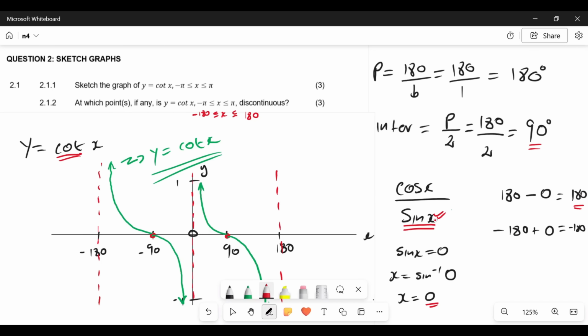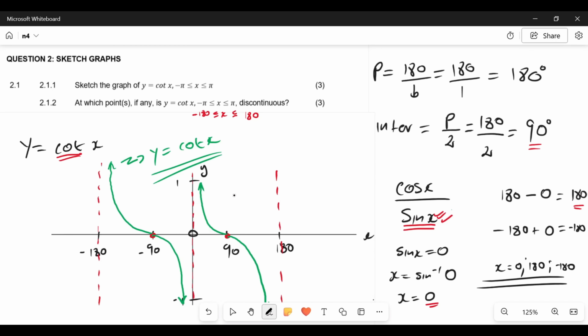Also, if we substitute negative 180, that is going to give us 0. So at these three points, where x is 0, 180 and negative 180, our function is going to be discontinuous. Guys, I hope you understand this. This is actually N5 work.